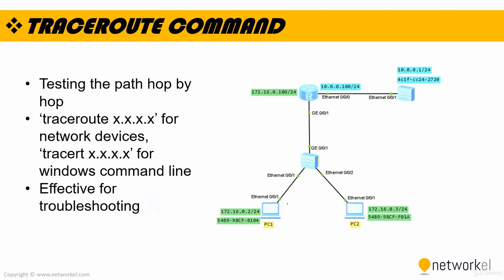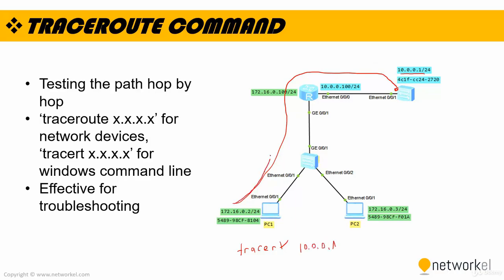And we also have the traceroute command to verify connectivity. Traceroute is used to test the path hop by hop. For example, if I want to test the path from PC1 to until here, I can use tracert from PC1, with the address 10.0.0.1.